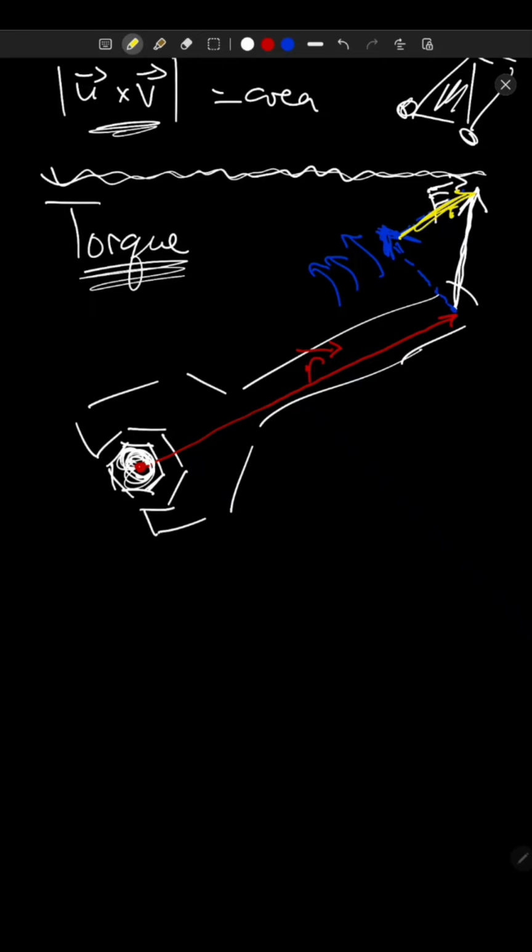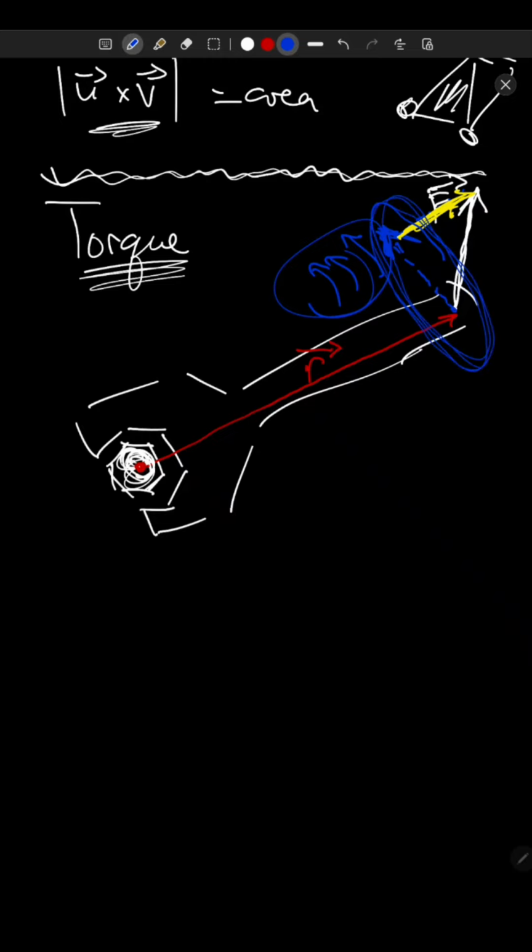And you can understand that it doesn't matter because it's going parallel to R. It would be force which is moving the wrench, in this example, away from the bolt. So it doesn't do anything in terms of turning the bolt. So the question is, how much of the force that I applied matters? What is the length of that vector right there? That's what I want to know.